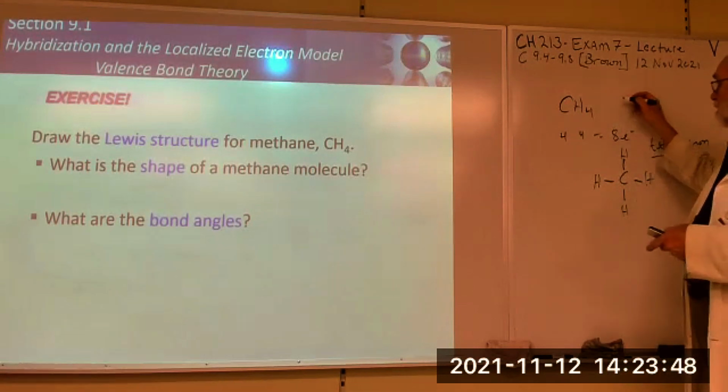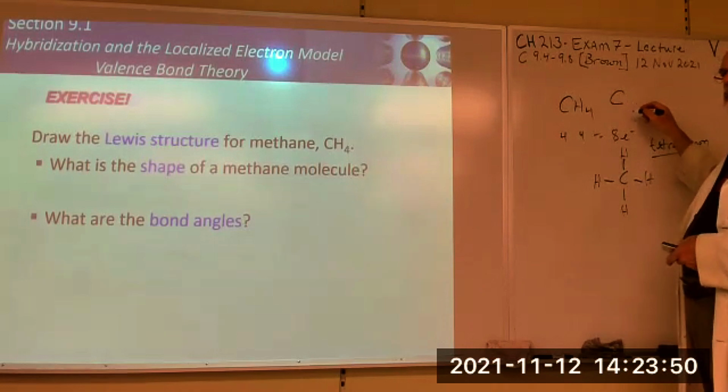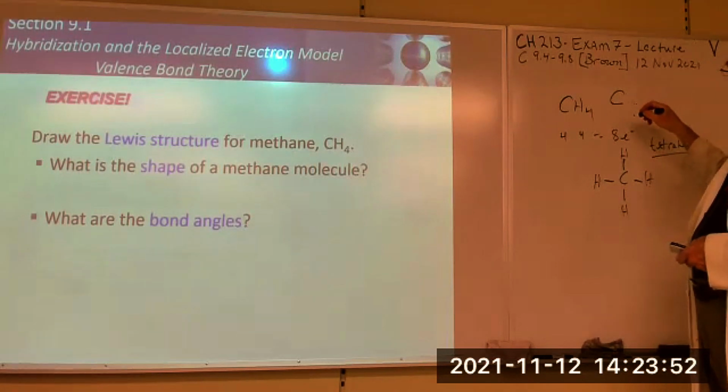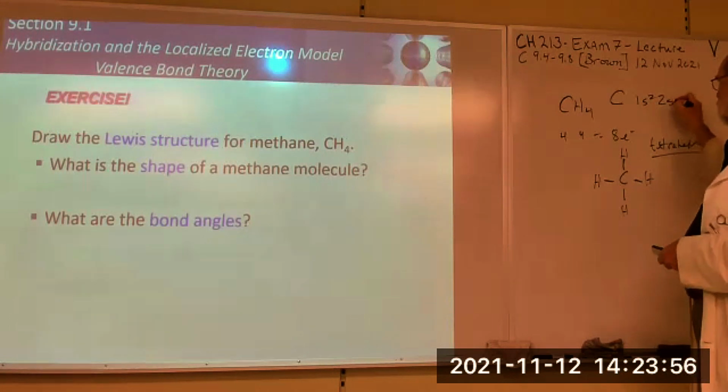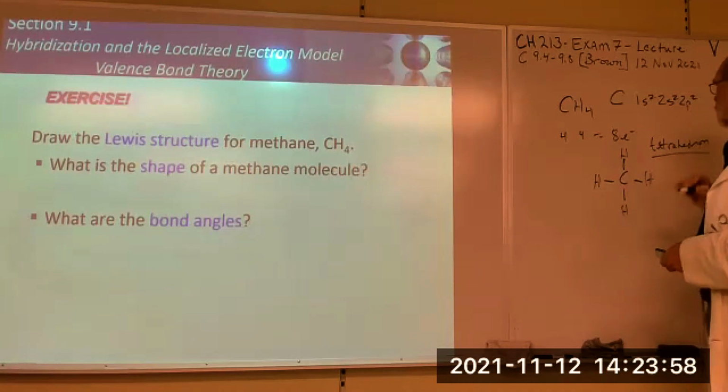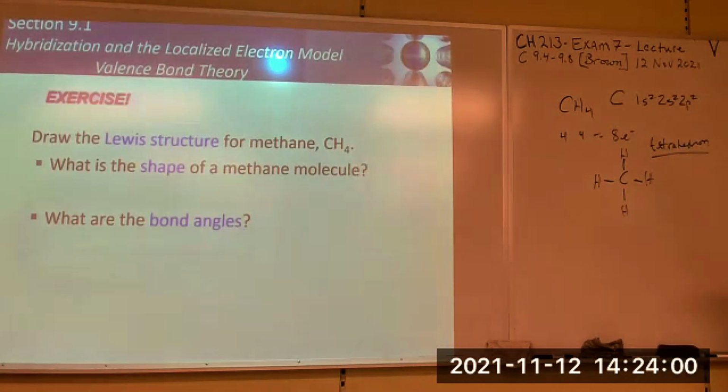Now with carbon, carbon is 6. 1s2, 2s2, 2p2. That's the atomic orbital structure. We're supposed to be able to use these valence orbitals to form that molecule. The 1s is the core, so it doesn't count.